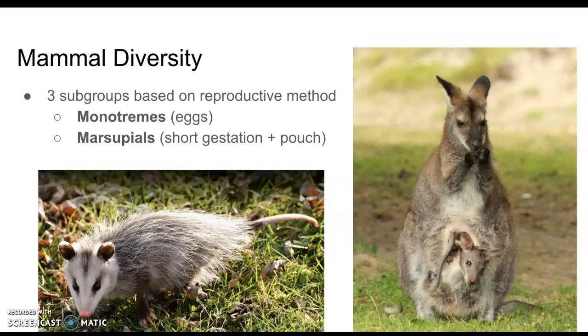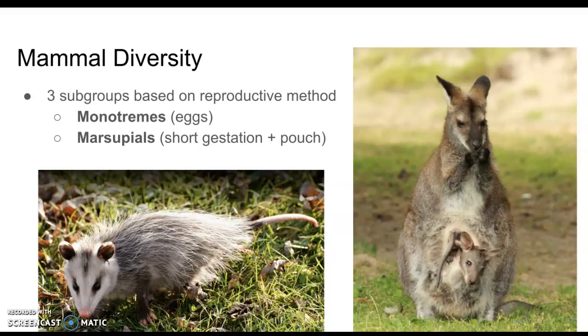The next one is the marsupials, which is also a smaller population, but not as small. Marsupials can mostly be found in Australia, and I think there is only one in North America, which is the opossum.